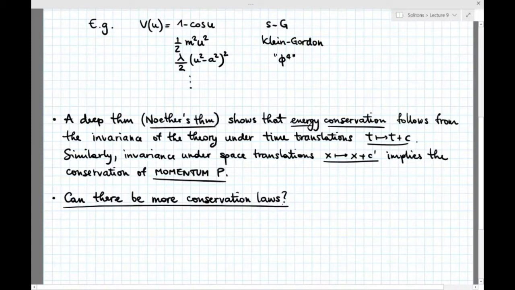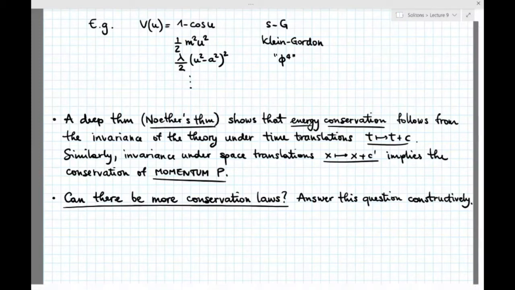And what we'll do today, and we'll finish in the next lecture, is we'll develop an argument that will allow us to answer this question constructively, meaning that we'll be able to construct extra conserved quantities or conserved charges if they exist, and we'll study under which condition these extra conservation laws hold.